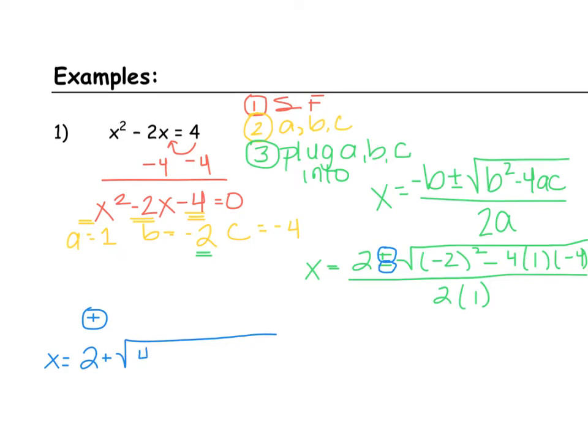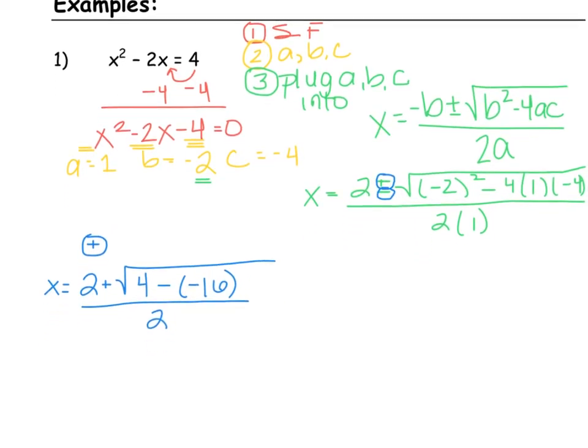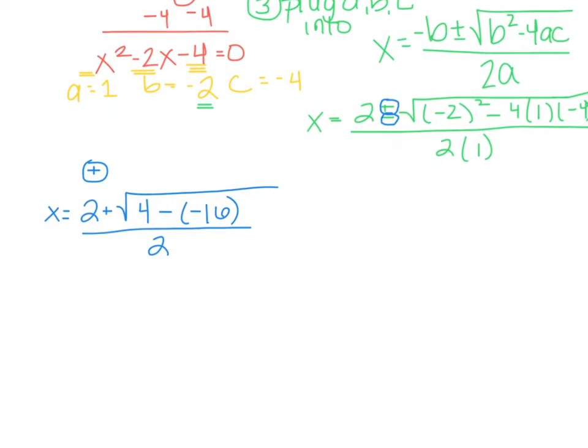Negative 2 squared is 4. 4 times 1 times negative 4 is negative 16. And then 2 times 1 is 2. So as I continue to simplify, I have x equals 2 plus the square root, which is a grouping symbol, so that is the square root of 20 over 2, and that's my final answer.